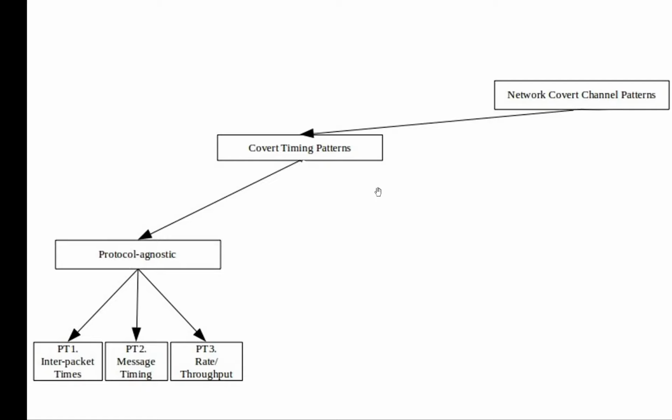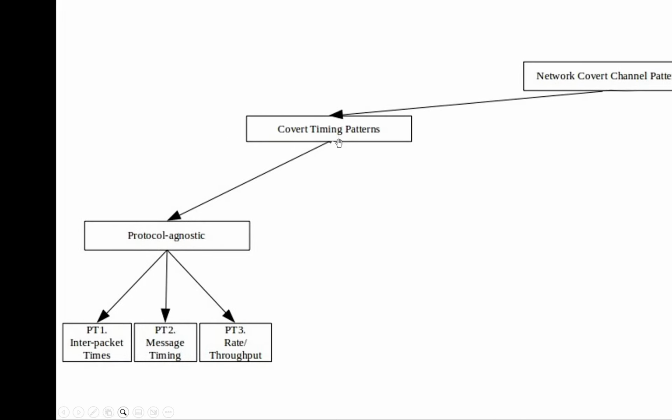So for example, it's written here, inter-packet times. This is how much gap you leave between the packets. Let's say you can choose between 5 milliseconds and 10 milliseconds that you send a message out. And 5 milliseconds means 0 and 10 milliseconds means 1.